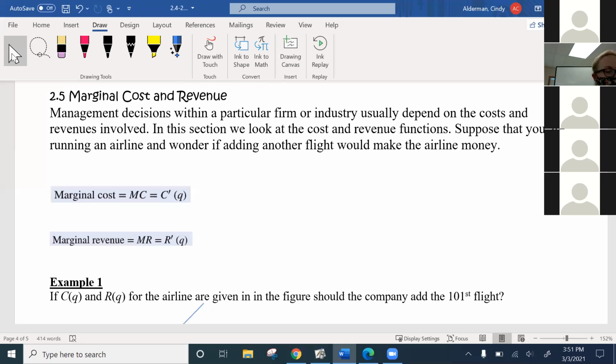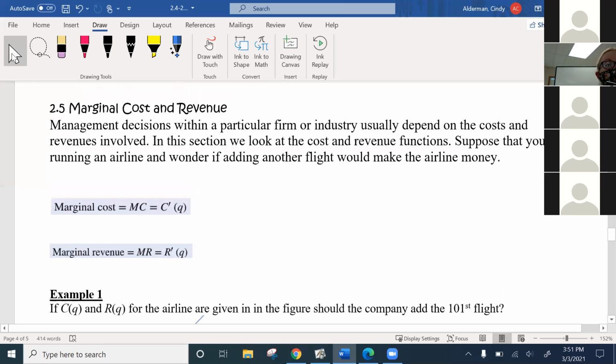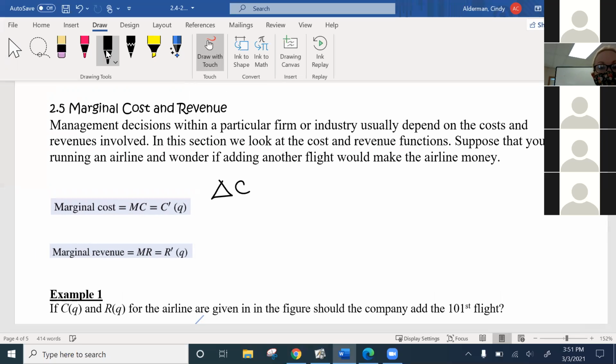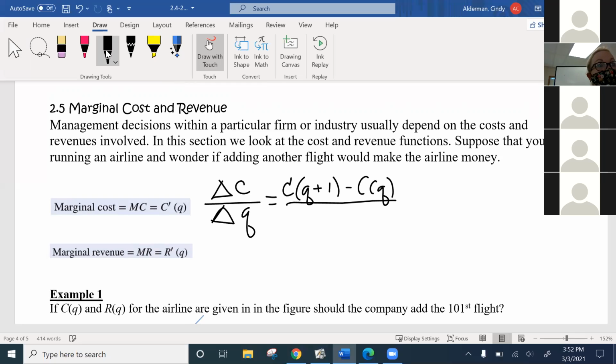Okay, so there's a simple enough formula. Marginal cost is simply the change in cost over the change in quantity. So look at it like this. The change in cost would be like you have a certain number of flights, let's say Q, and you want to add 1. And then you would subtract the cost of just producing Q. This is just slope, right?